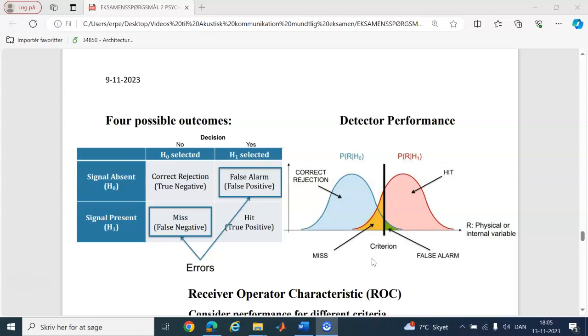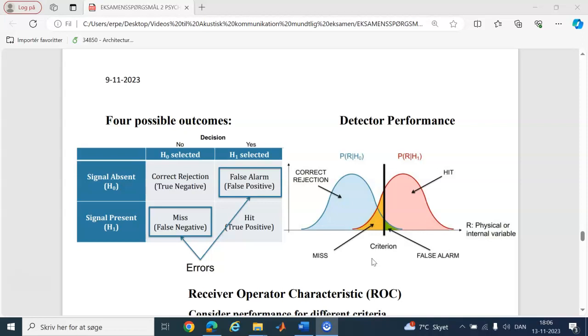If the signal is present, H1, but we select that there is no signal, then we have a false negative.